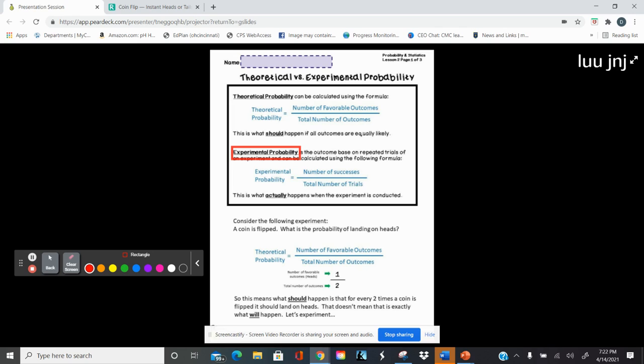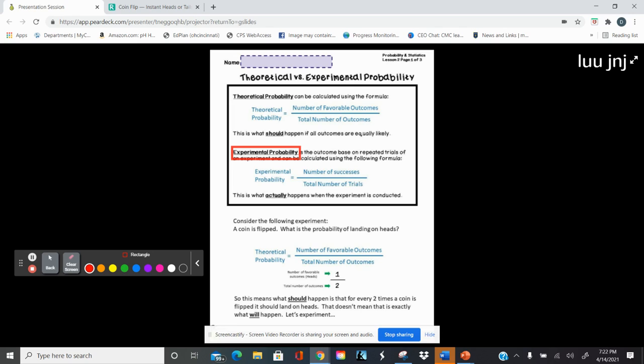The yellow crayons again would be the favorable outcome because that's what we're looking to pull. We're hoping that we pull it. And then the total number of outcomes is the amount of crayons. But it's really important to note that theoretical probability is what should happen if all equally likely outcomes are there.